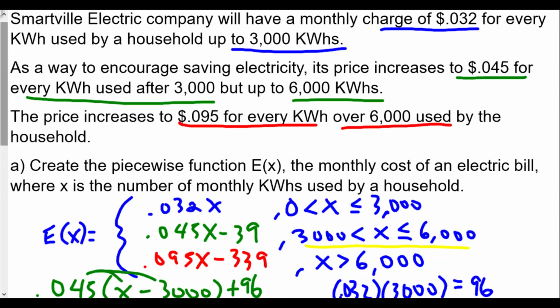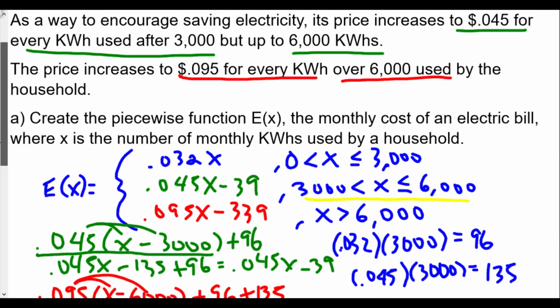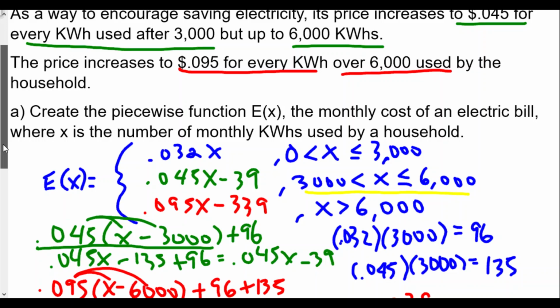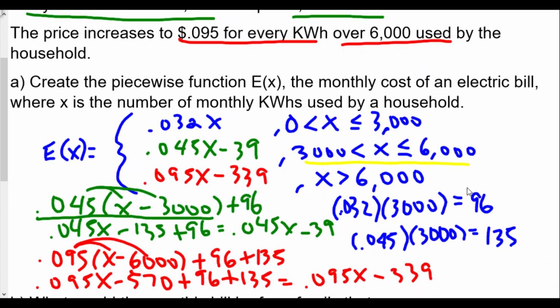Okay, and then combine. And then for the third interval, 0.095 times x minus this number here, 6,000, that max value, bring it to the next tier. But then you're going to add back the two max values of 0.032 times 3,000, which is 96, plus 0.045 times 3,000, 135. And so we can get the true value of the bill.